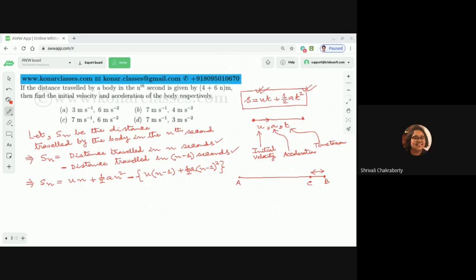Sir, I got Sn is equal to u minus half a plus an. Very good. Come again once more, I think there is a small mistake. Could you please tell me once more? Sir, u minus half a plus an.